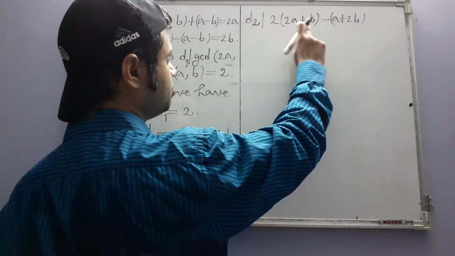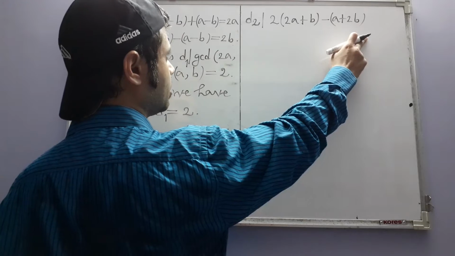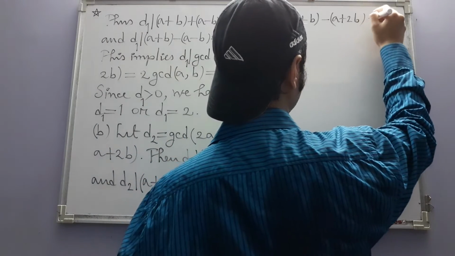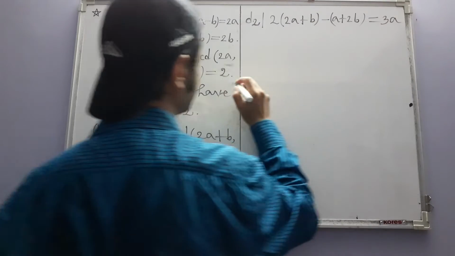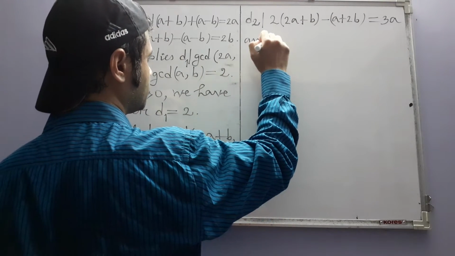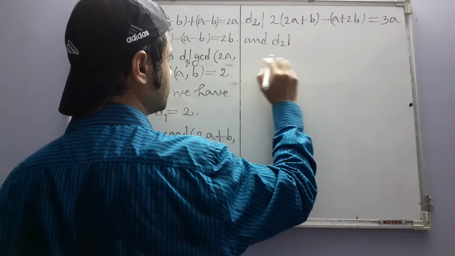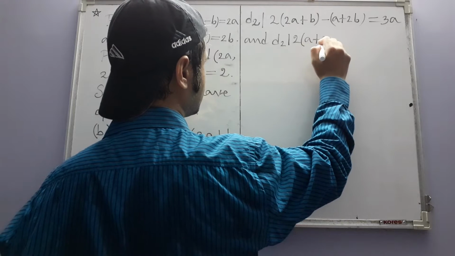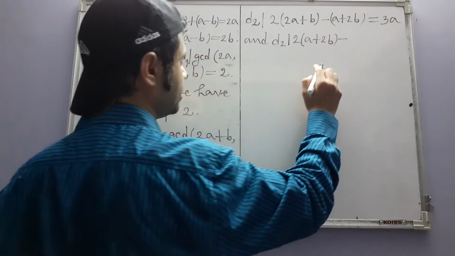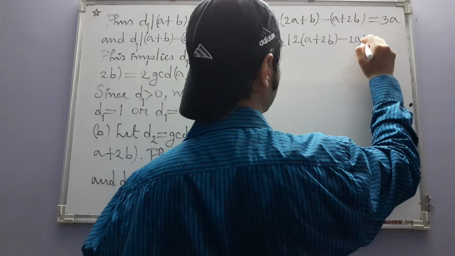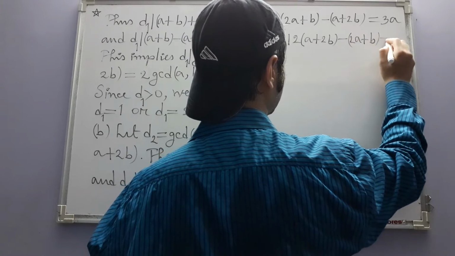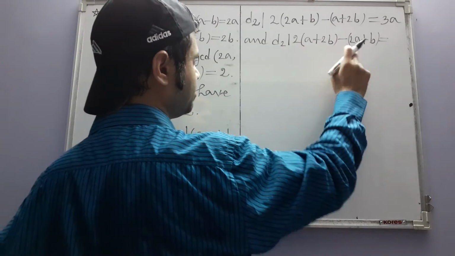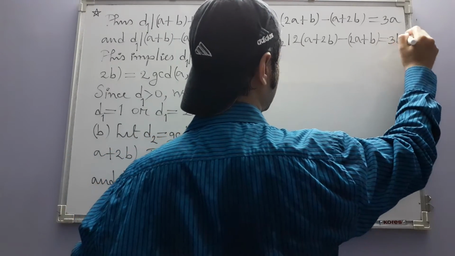So that 2b and minus 2b will cancel out, and 4a minus a will give us 3a. And just like that, if we do the opposite, 2 times a plus 2b minus 2a plus b, then what shall we get? This time 2a minus 2a will cancel out, and 4b minus b gives us 3b.